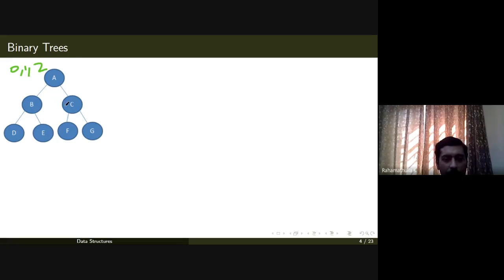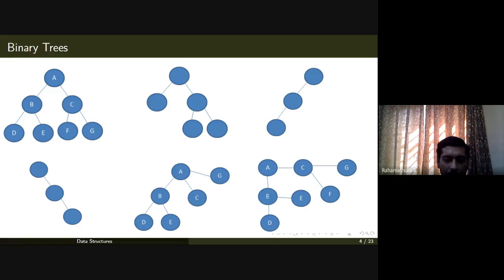In this particular tree, you don't have any nodes having degree 1, but you can have nodes having degree 1 as well. For example, in the second tree here, for this node you have degree equal to 2. For this node you have degree equal to 0.